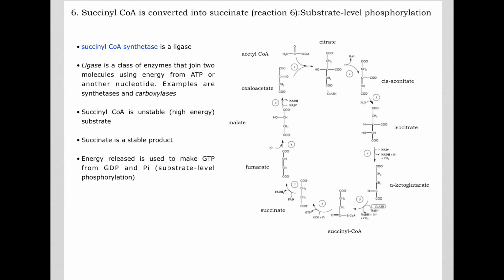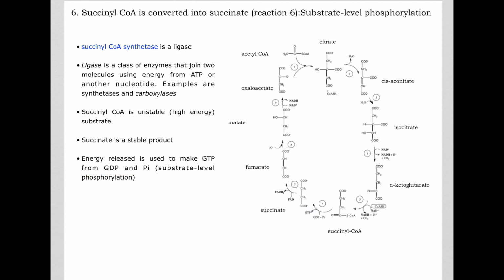So this reaction number 6 here is another example of substrate level phosphorylation, something we saw in glycolysis, the formation of GTP or ATP by using energy from a highly unstable chemical.